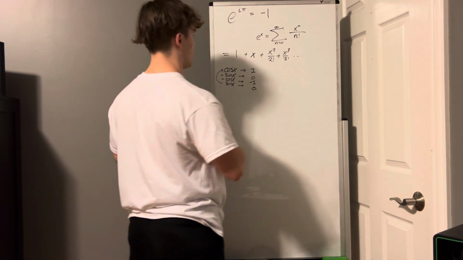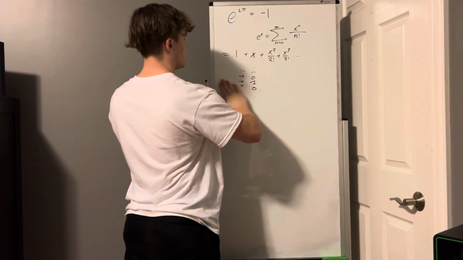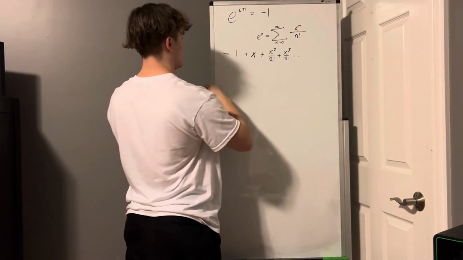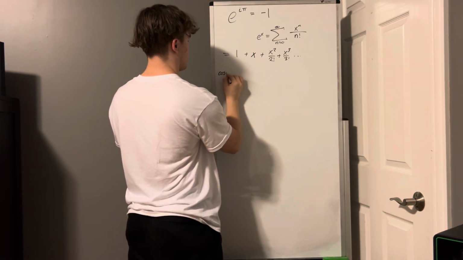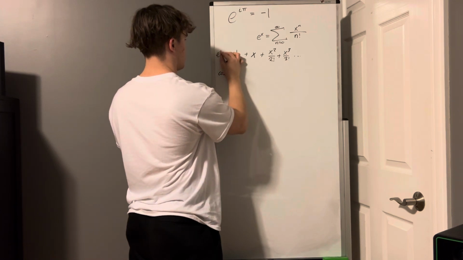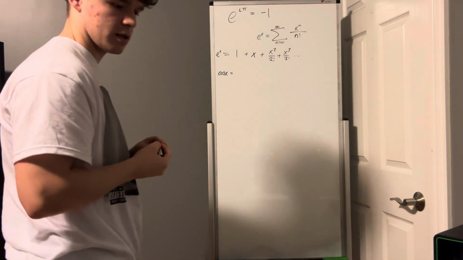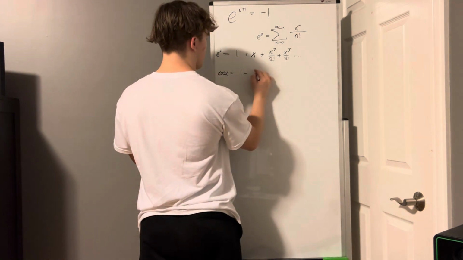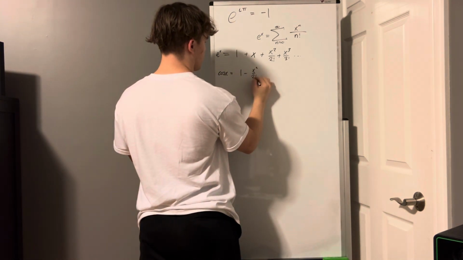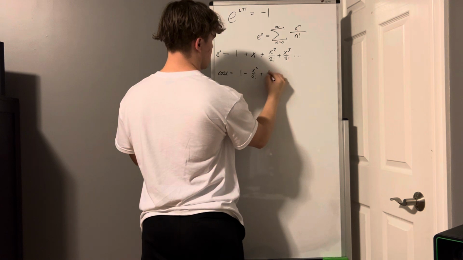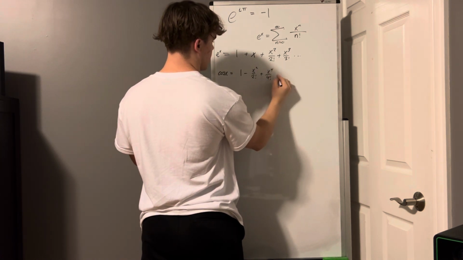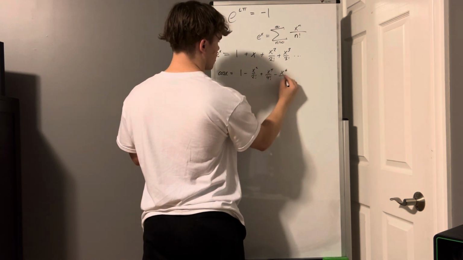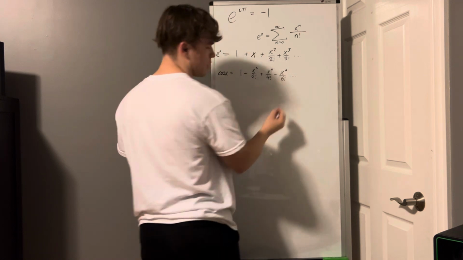We're going to get that cos x is going to equal 1 minus x squared over 2 factorial plus x to the 4 over 4 factorial minus x to the 6 over 6 factorial, on and on and on.